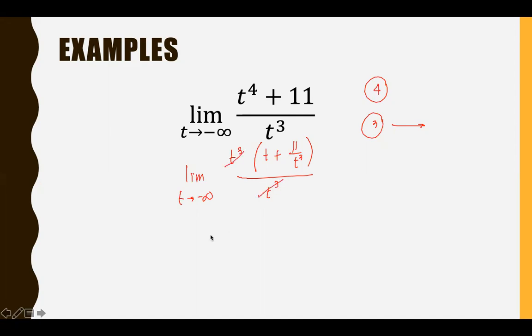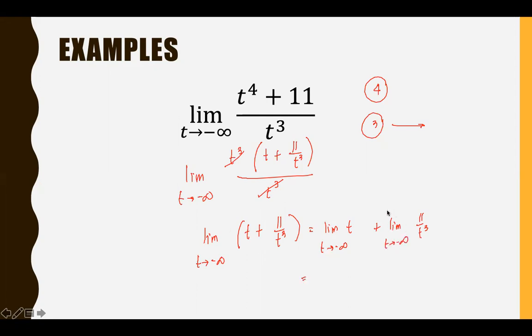We cancel. So what's left is the limit of t plus 11 over t cubed as t approaches negative infinity. If you wish to distribute it, it will be like that, plus the limit of 11 over t cubed as t approaches negative infinity.